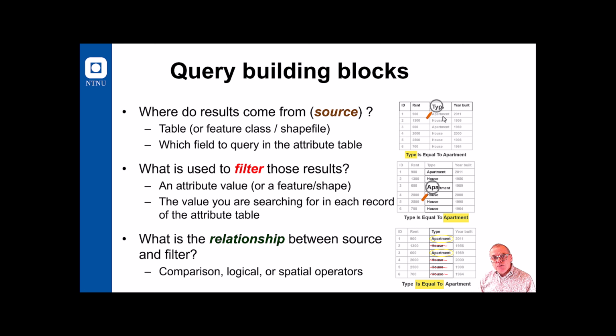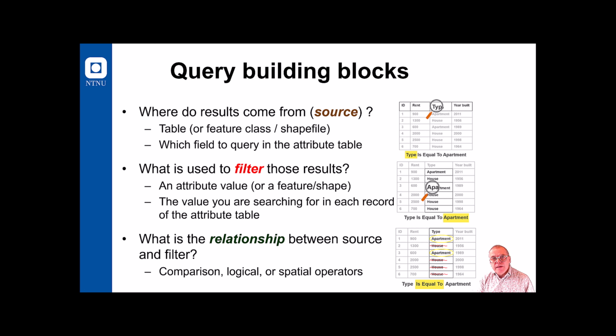And then we need to use something to filter out the results. And that could be an attribute value. For instance, shown here, the attribute value apartment, which is in the field type, which we already have identified as a source. And this is then the value which you are searching for in each record of the attribute table. And then you need to establish the relationship between the source and the filter.